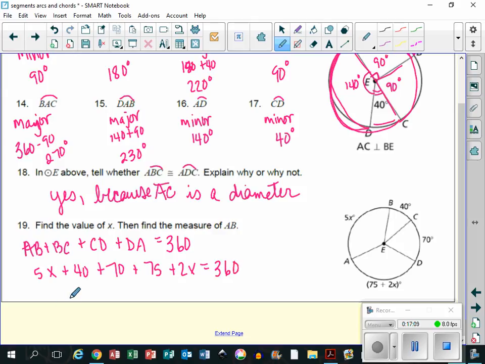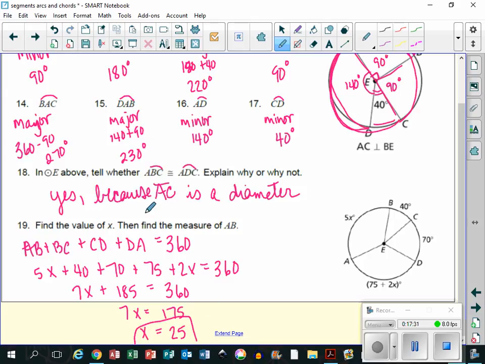My x's, I got 2 and 5, so 7x. 7x plus 185 equals 360. 7x equals 175. X equals 25.